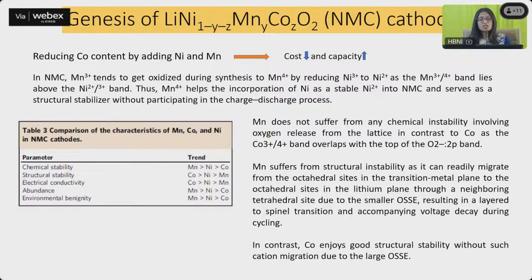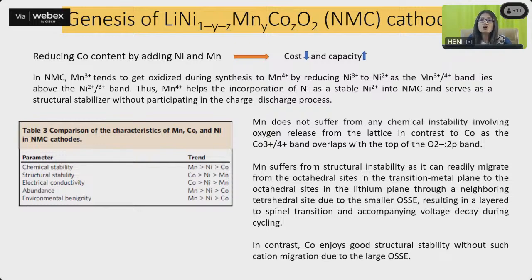But at present, you will find that there are a lot of reports on putting some other material in this LCO kind of material, and that is adding of nickel and manganese. So why do we need to put in nickel and manganese? Why not only cobalt? One of the primary reasons is that cobalt is very expensive, and also there are very few mines all over the world, which is not equitably distributed.